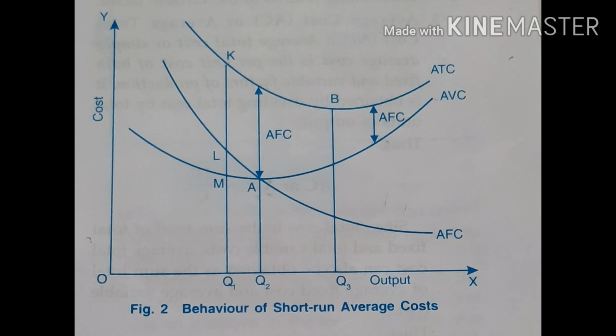Now the technical part of these curves is the AVC, the average variable cost curve. You have to be careful about the diagram here: the average variable cost curve reaches its minimum point, which is A in your book. According to your book, the minimum point of AVC is A, where AFC and AVC are intersecting each other.